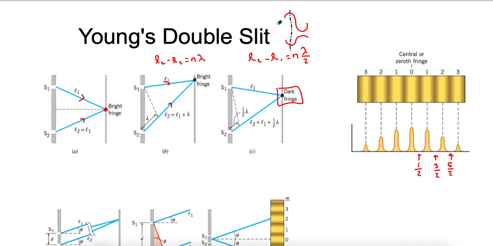And this will give you your destructive interference. And that's why you can see this decay, right? Maximum constructive here, maximum destructive here. In between, it's a mix, right? You're getting some difference, but it's not exact.